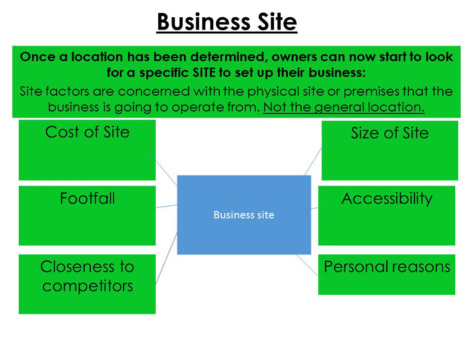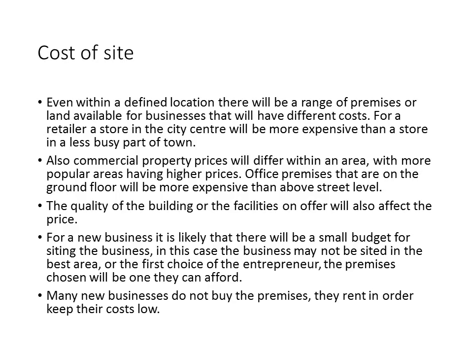If you want to open a coffee shop, you want people passing it, maybe on the way to work or to offices. Also how close you are to competitors, how big the site is, and how accessible it is. Is it close to parking? Or maybe for personal reasons you like this particular site and want to base yourself there. The next few slides go into more detail on these, so please pause and have a scan through them.